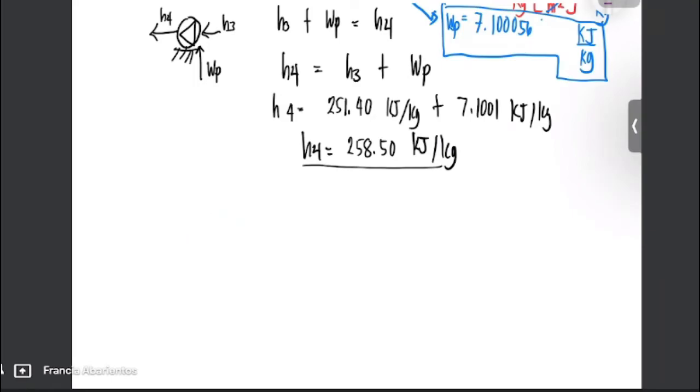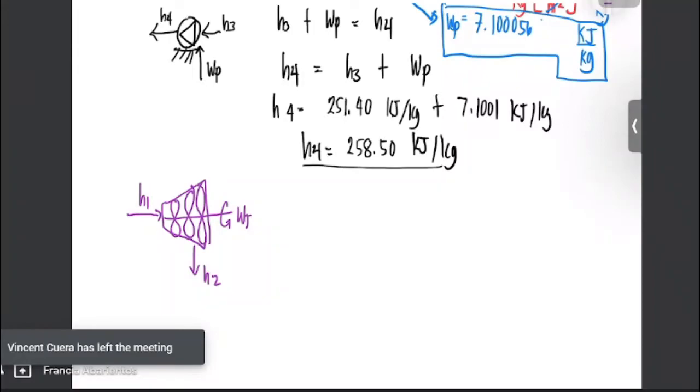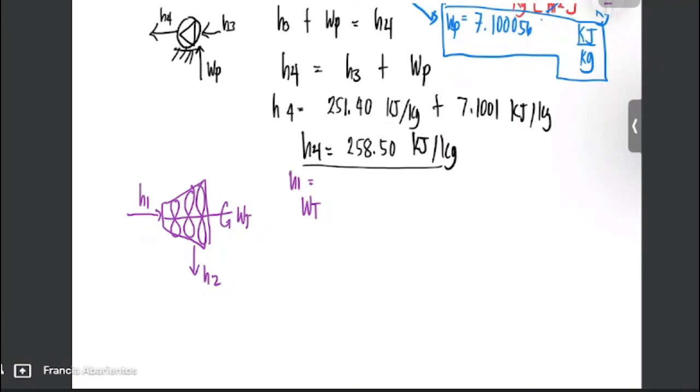Entering. So, we have now the turbine. Pag hindi nyo na class, i-draw nyo na lang. Ayan. Entering, leaving. How do you get the work of the turbine? Work now of the turbine is H1 minus H2 from your energy equation. What is the H1?